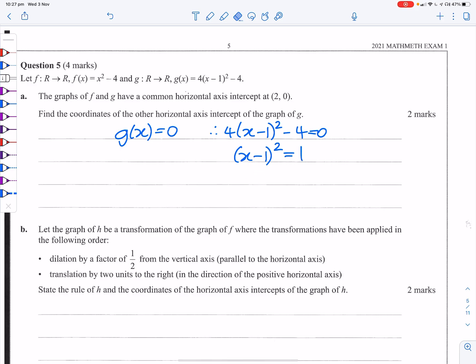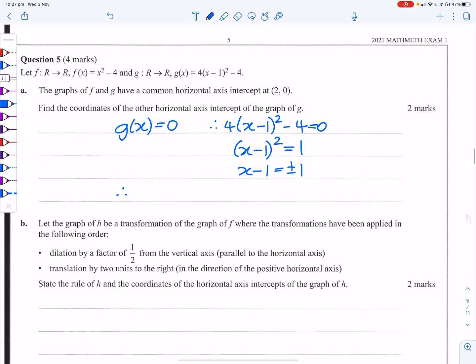X minus 1 is plus or minus 1 when I square root the other side. Therefore, x is equal to negative 1 plus 1, 0 or 2. Now it says find the coordinate. Therefore, the other x intercept is 0, 0, because we already know the 2, 0.